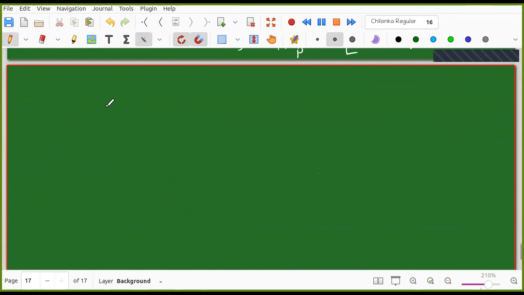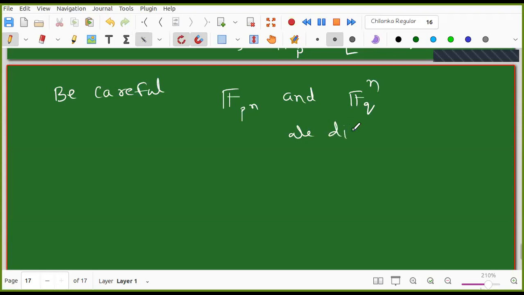So that's why we are denoting it this way. Be careful, and if I make a mistake, please let me know whenever. F_{p^n} and F_p^n are different. Are you following that? What is the difference between these two?